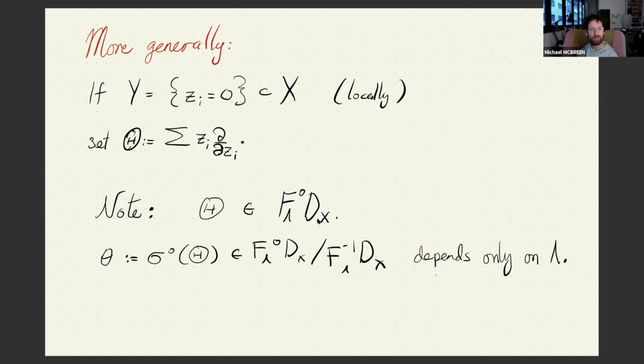Again, if you apply this to z to the lambda, where lambda is some multi-degree, theta applied to that is just the part of the multi-degree associated to z1 through zk, the normal coordinates to y.